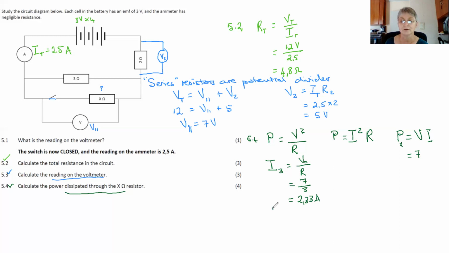The total current splits. So the current through X and the current through the 3 ohm resistor would give us the total current. So 2.5 is the current through X plus the 2.33 amperes.